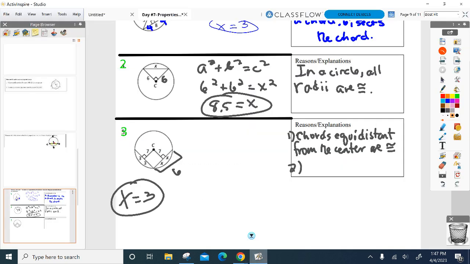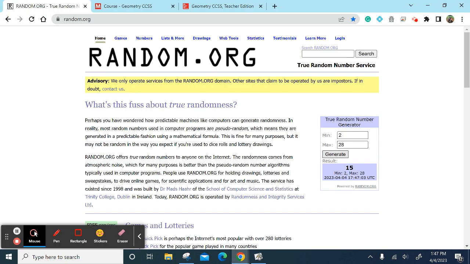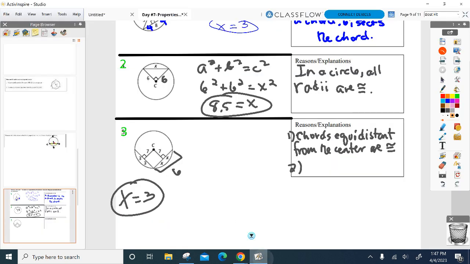Because of what circle fact? Why isn't it 4 and 2?